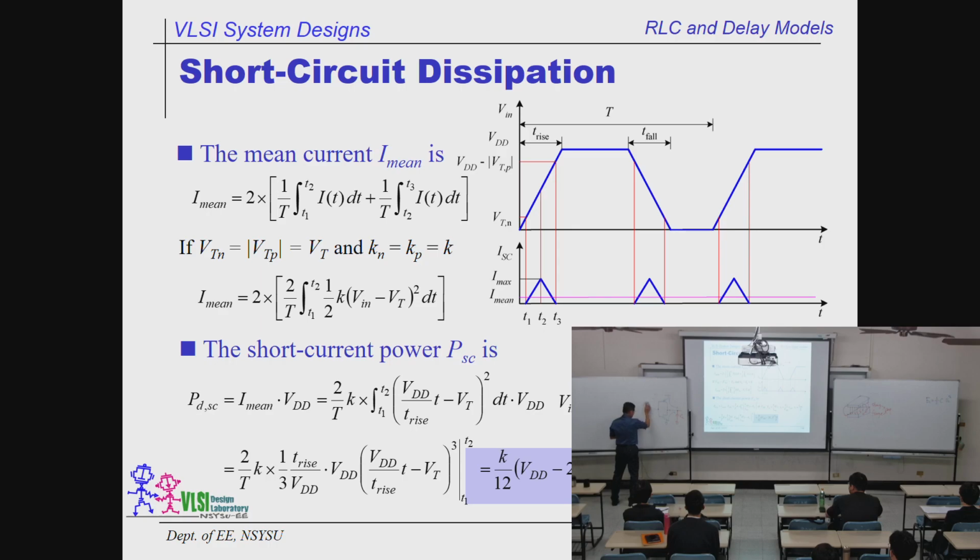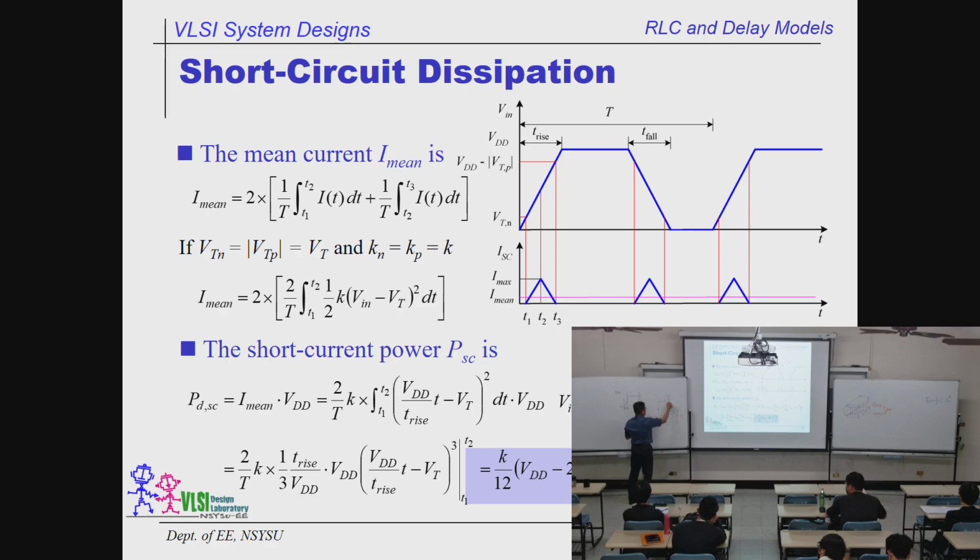But in every charging and discharging, remember that our signal is not ideal. It takes time to travel. So this is V in, and there is a certain time during the transition. What is that? For example, when V in is equal to half of the VDD, what's going to happen?